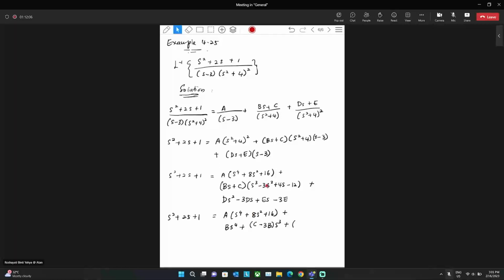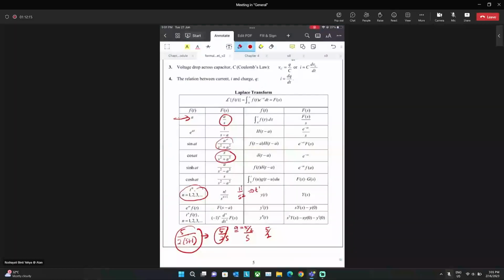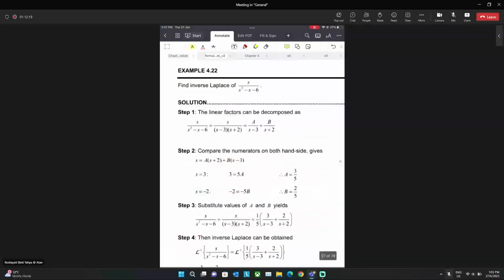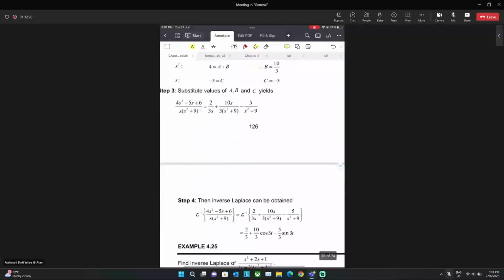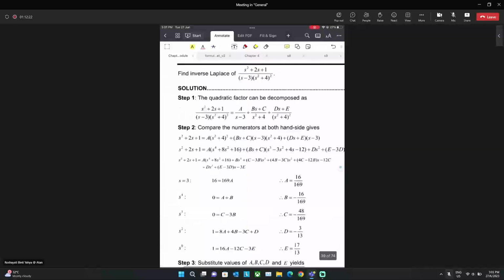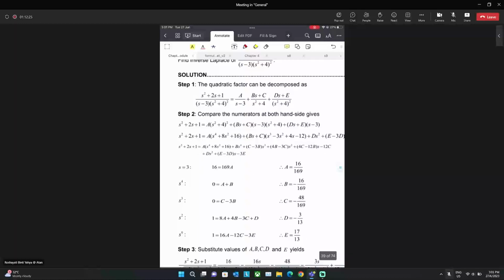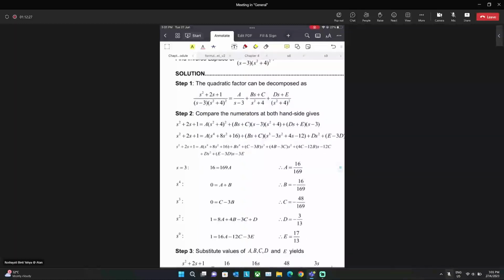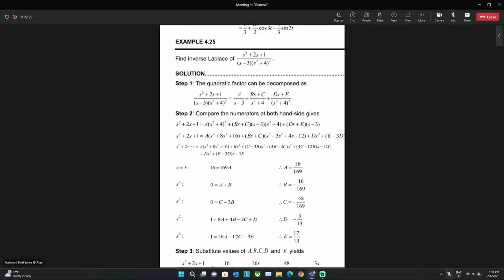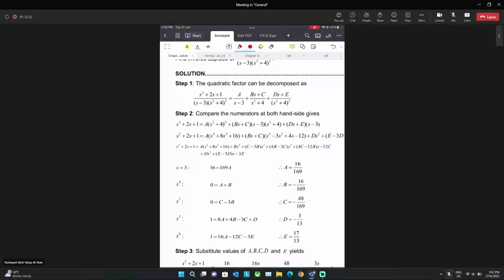Based on your module, if you refer to the module, for this part, it does not combine.